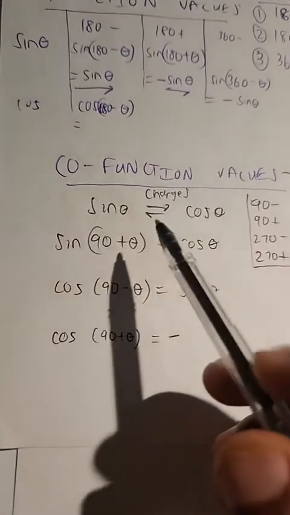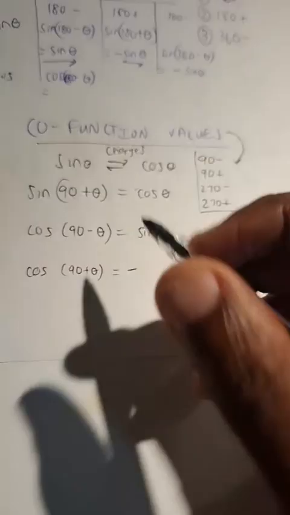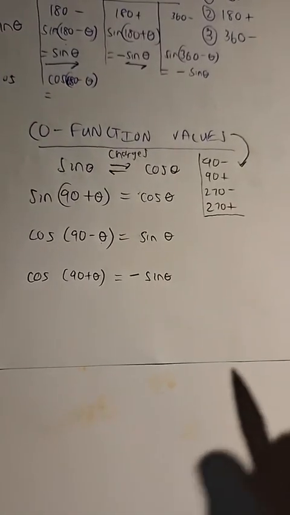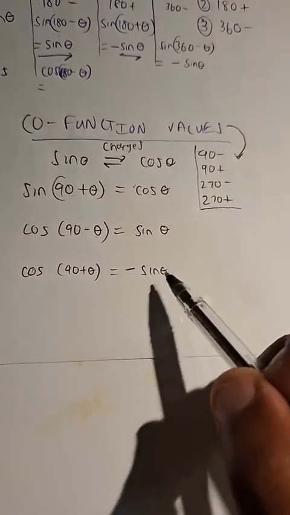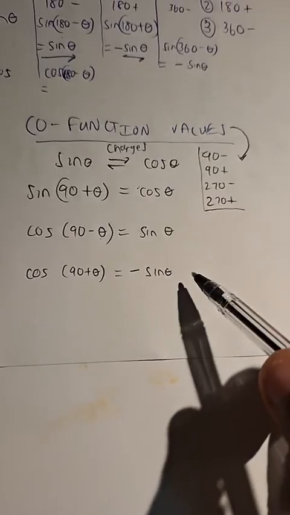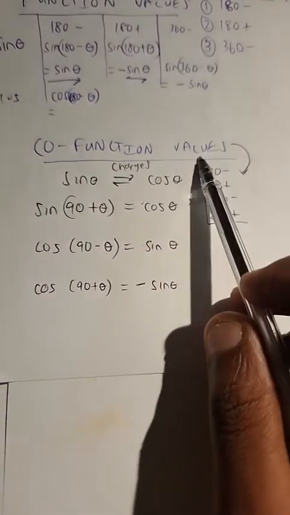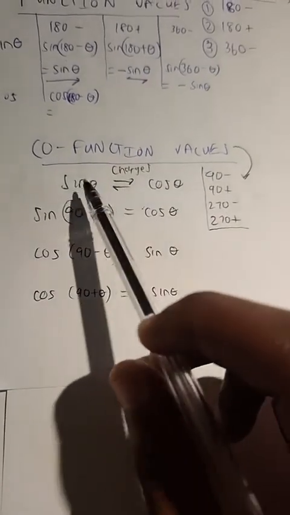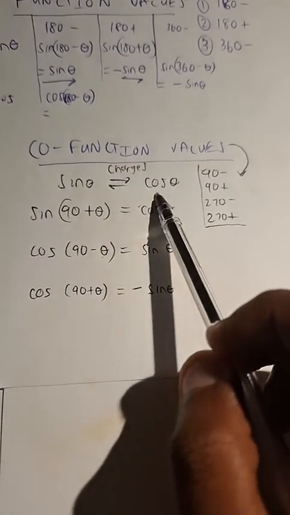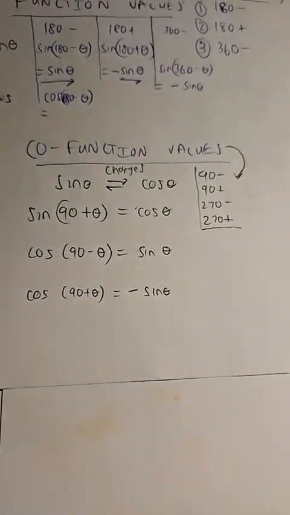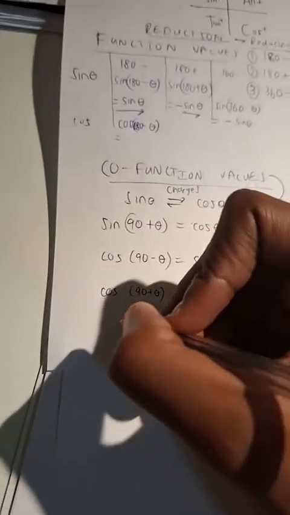But since we are dealing with co-ratios, it changes to its co-ratio sine, and then it becomes negative sine of theta. So please, guys, take note that with cofunction values or co-ratios, there's a change in trigonometric ratio. Sine changes to cos, cos changes to sine. That is the thing we ought to remember.